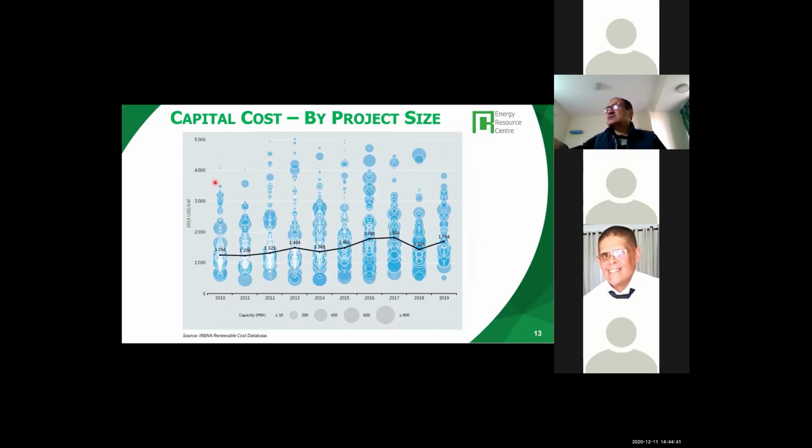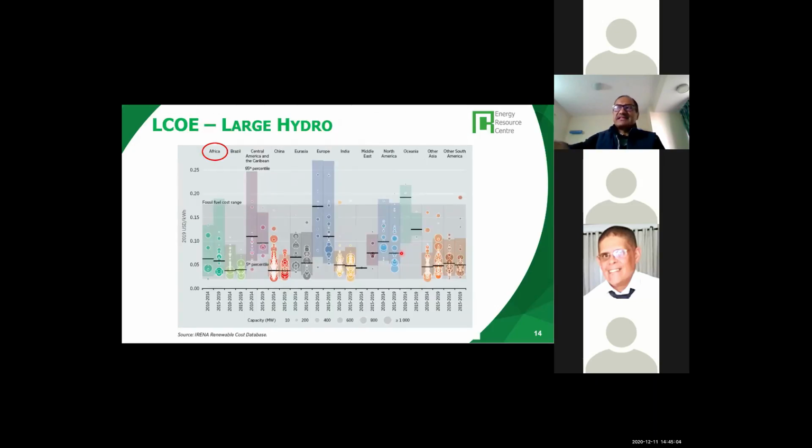Over here, the capital cost according to project size is overall around 1700 per kilowatt, but this is an average. For micro hydro, it will be almost 1.5 to 2 times this. If you don't have any questions, let's stop here. Have a nice weekend and see you in January.